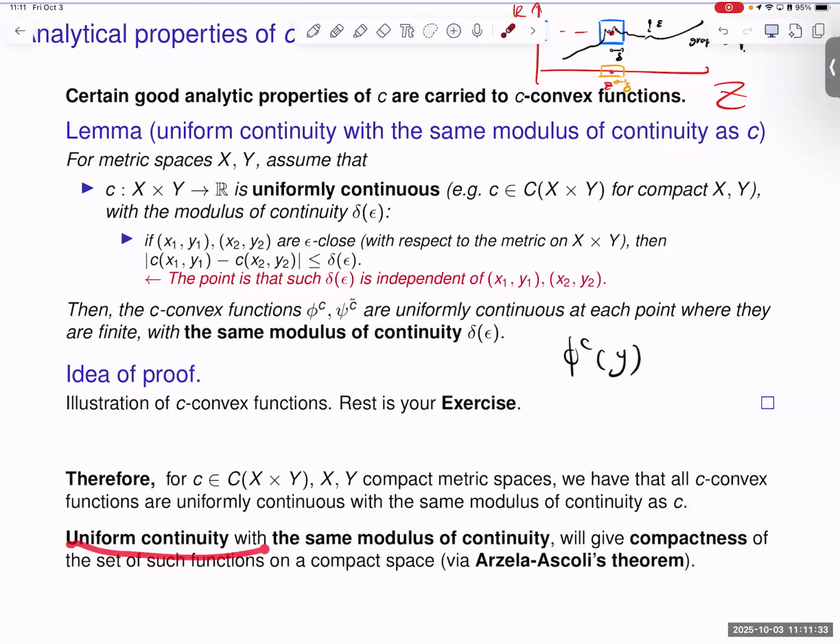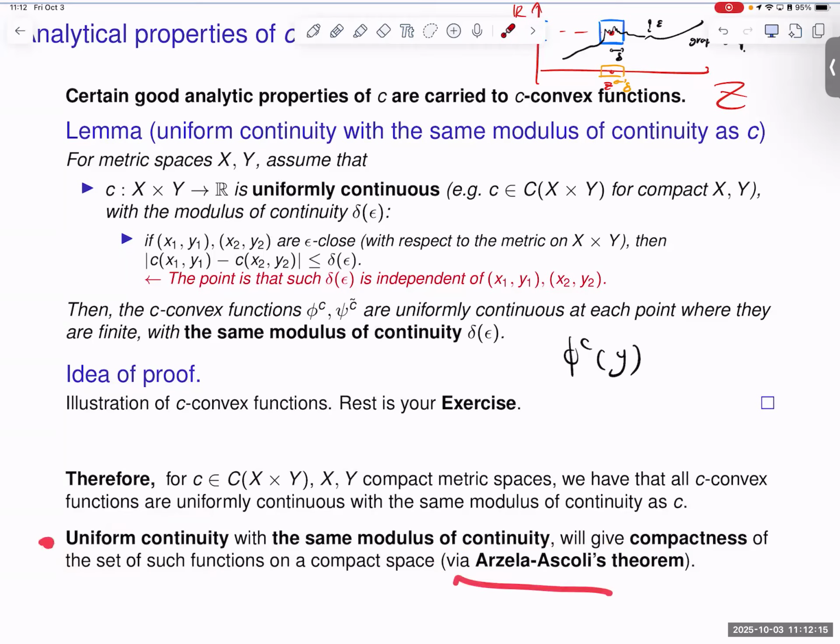And why do you care about such uniform continuity? If you have a family of functions having uniform continuity, meaning sharing the same modulus of continuity for all different functions, and you have the additional condition that the family is uniformly bounded by the same number, then you have the so-called Arzelà-Ascoli theorem, implying that such a family has a convergent subsequence.